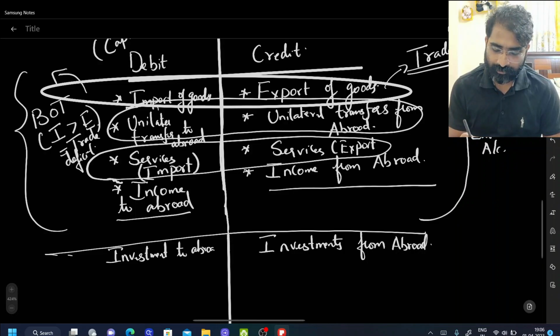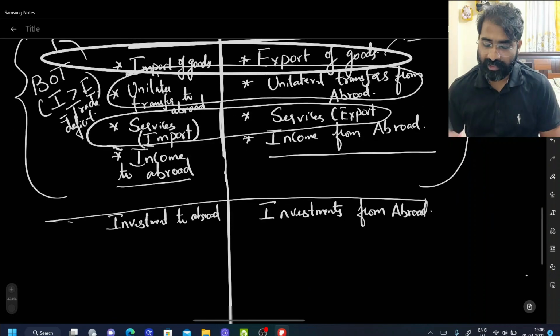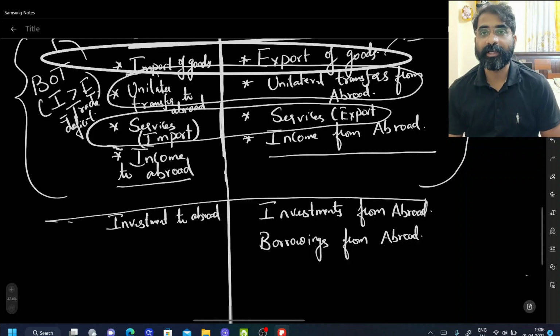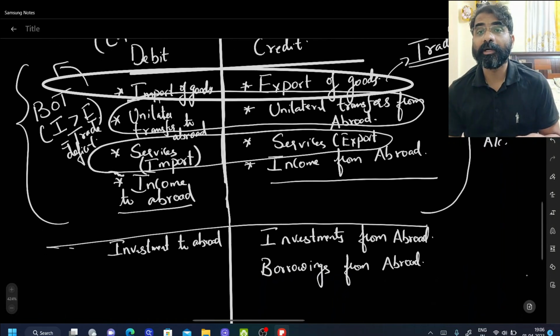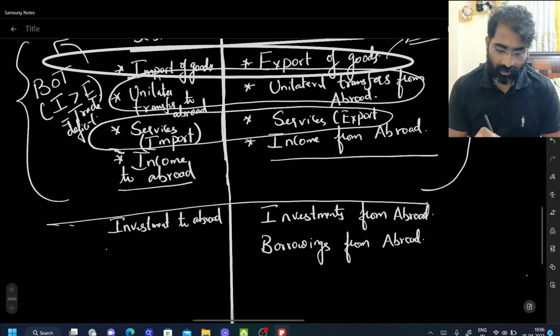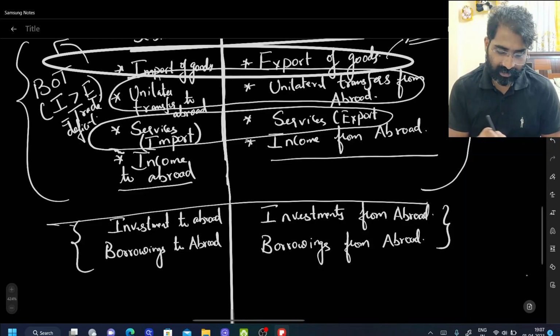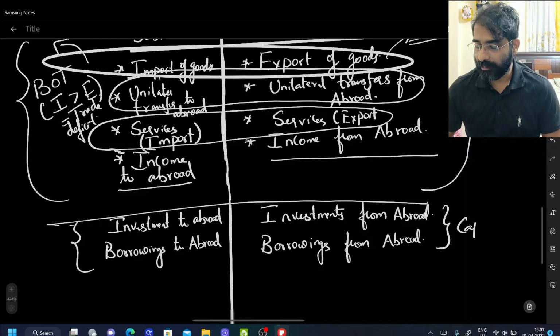Similarly, borrowings from abroad, very important understanding, should be in the credit. Money is moving into the account. Then borrowings to abroad.